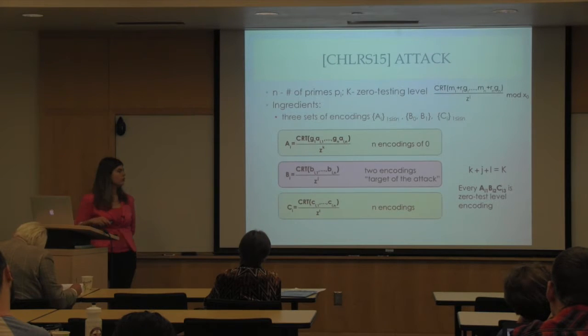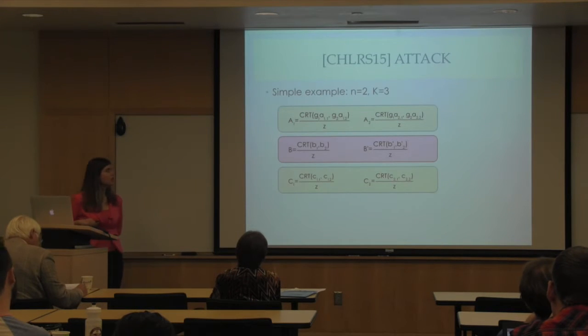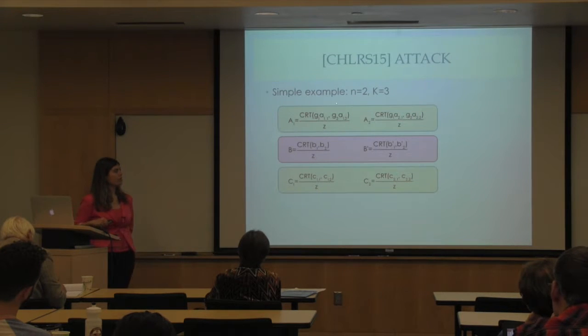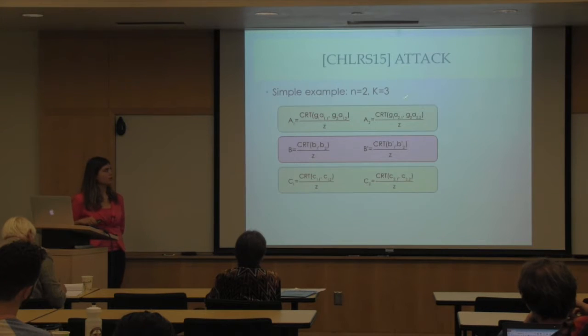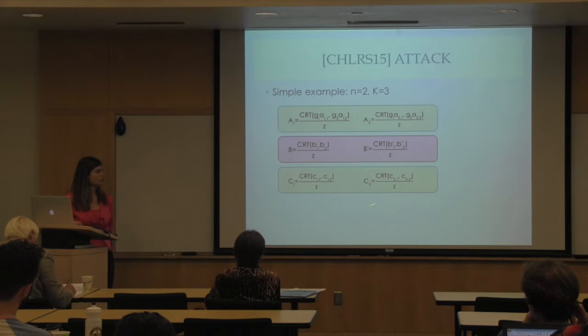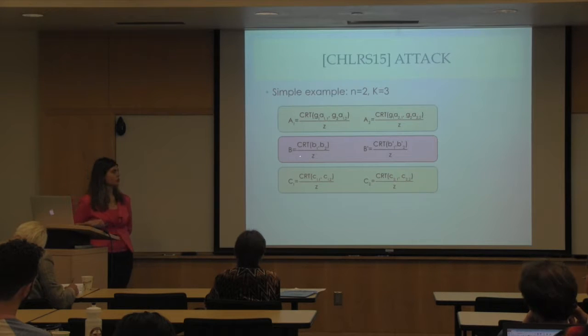In order to look at how the attack works, let's look at a simplified version of this attack setting. Let's assume that we have only 2 primes and our zero test level is 3. So now we will have 2 encodings in the set A, 2 encodings in the set B, and 2 encodings in the set C. They all will be at level 1, and our zero test level will be 3.